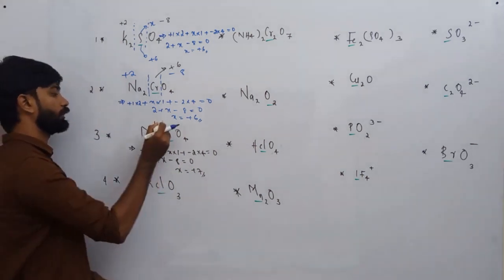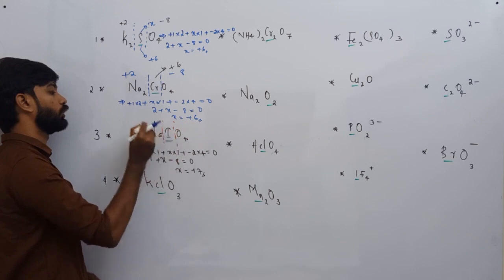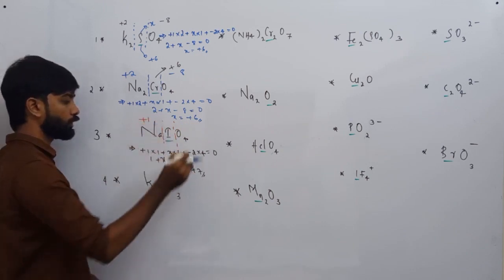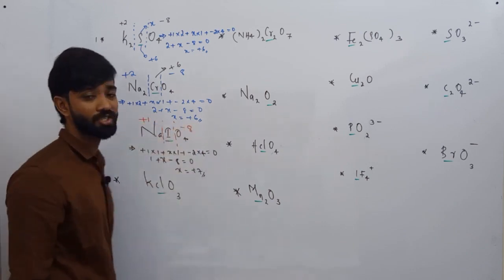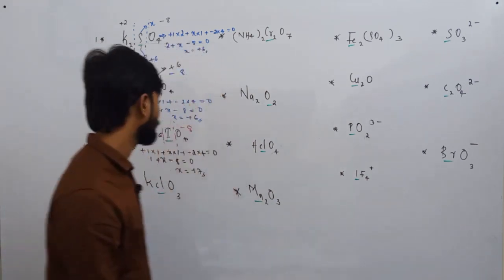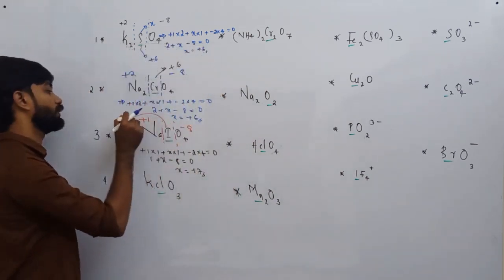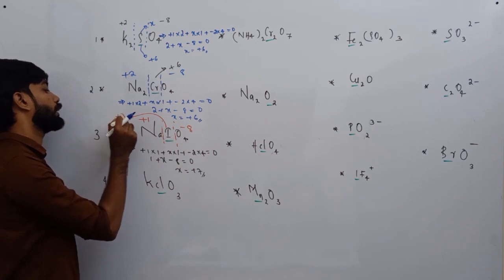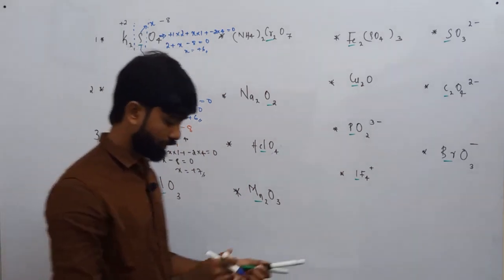Or by splitting this into 2, this offers +1 sodium, this offers -8. So the excess charge is -7, and the -7 charge should be made up by iodine. So iodine should offer +7.